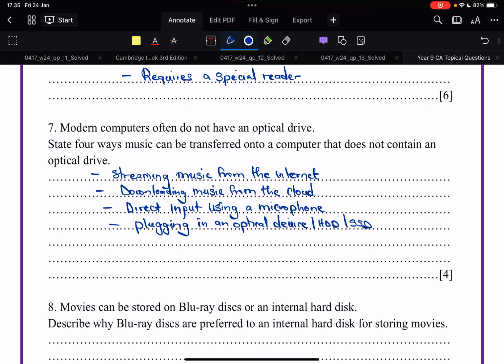I'll have one other here: sent by email attachment.